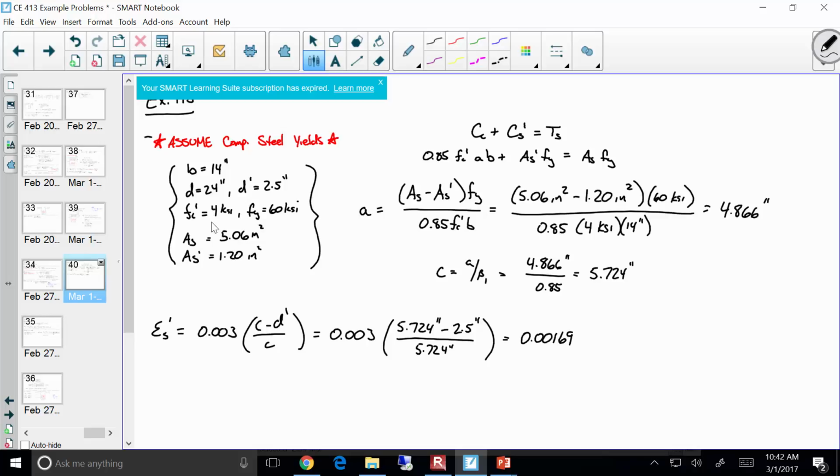Now we're using the same steel as in the last problem, so the yielding strain is 0.00207.